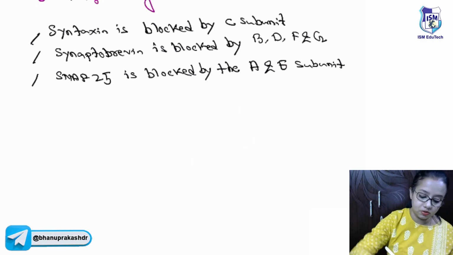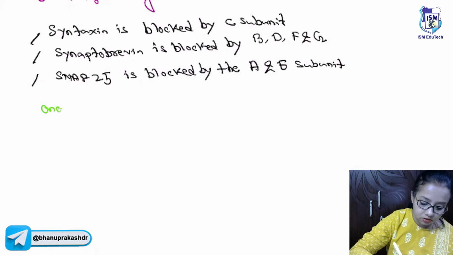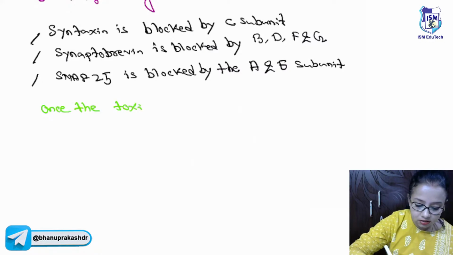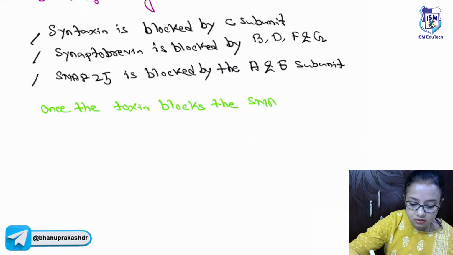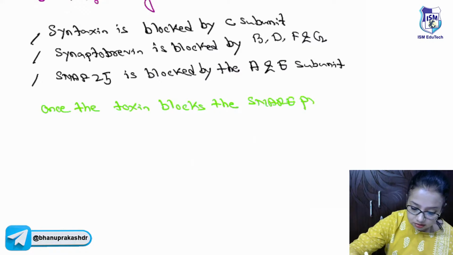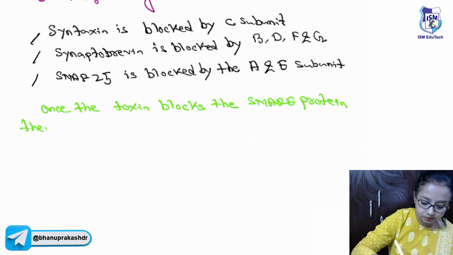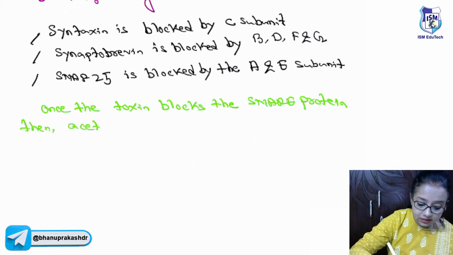So once the toxin blocks the SNARE protein, then acetyl CoA cannot be released.